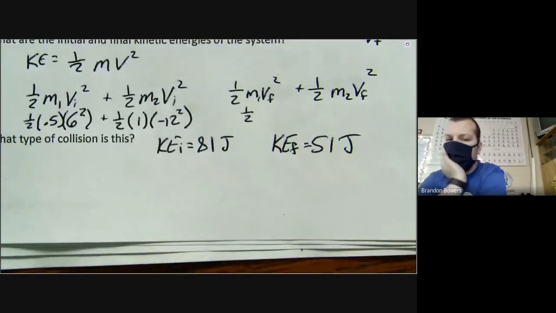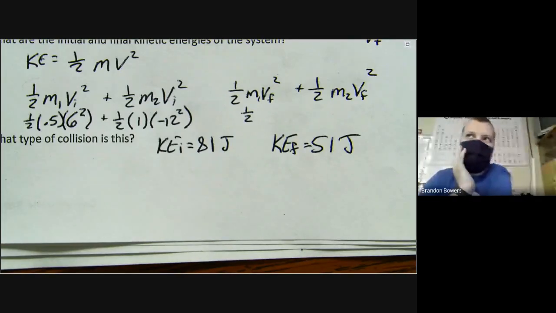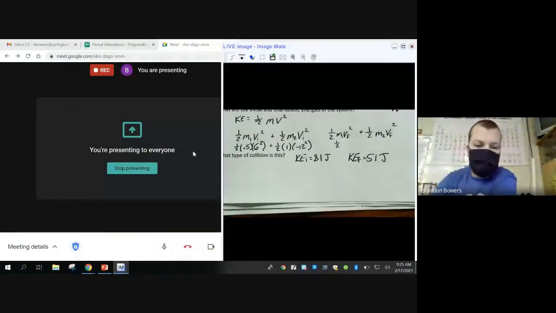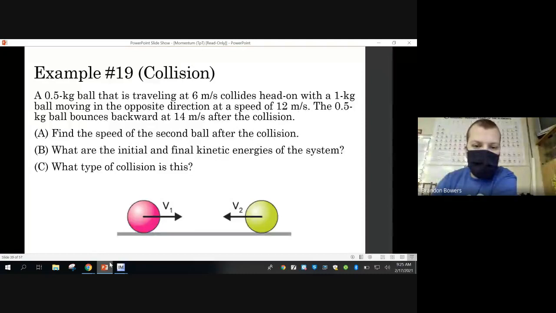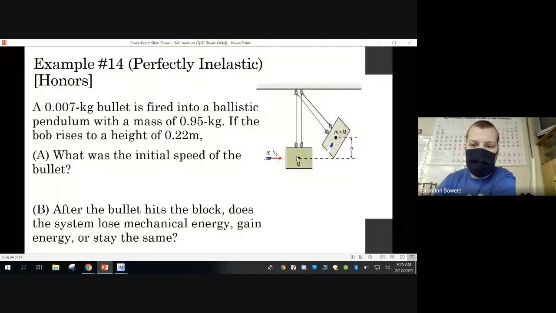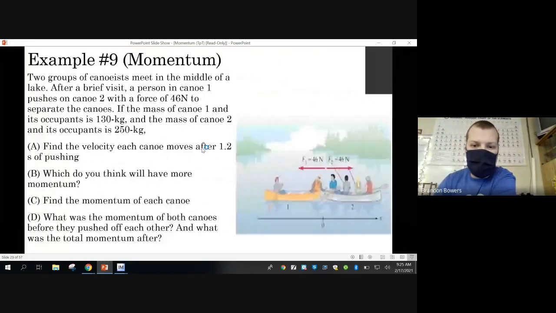Now, we got to think about this. What type of collision? Is it inelastic or elastic? Inelastic. Why do we say inelastic? Well, let's go back to the long way.